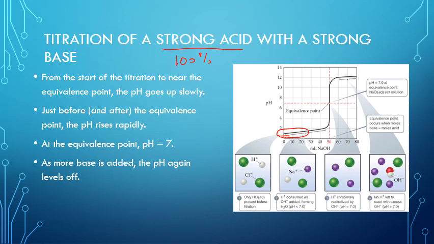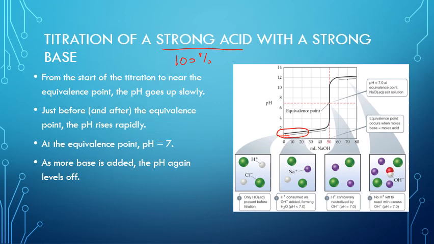Instead of the analyte being the excess reactant in our limiting reactant problem, now whatever's in the burette is going to become the excess reactant, and so I have the excess of either the H+ or the OH- coming in dropwise, and that's what's going to have that rapid change in pH. And then eventually, as we continue to increase the concentrations, you're going to see a leveling off of the pH again towards the end of the titration.